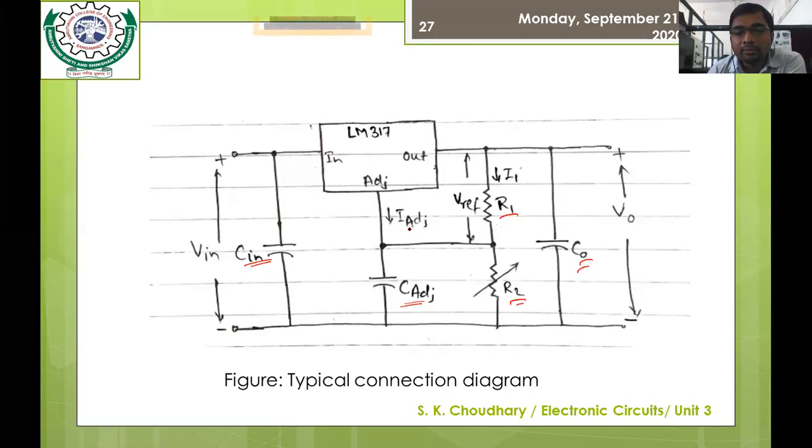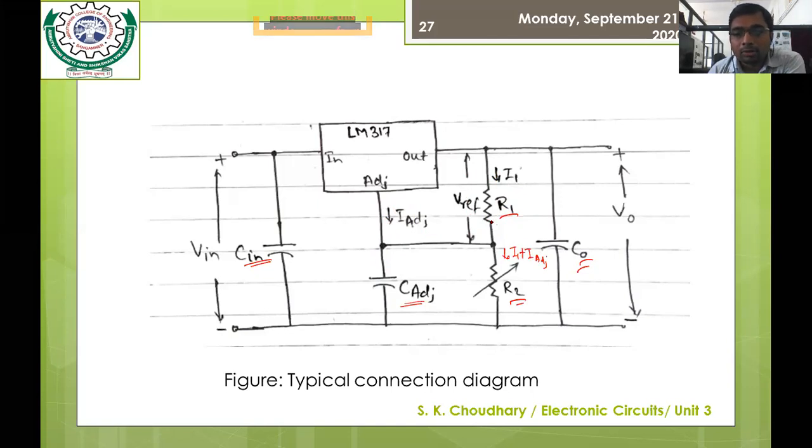There is one current shown from the adjustable terminal, I adjustable, that is added to the current flowing across R1, that is I1, and the summation of these 2 currents flows across R2, I1 plus I adjustable.